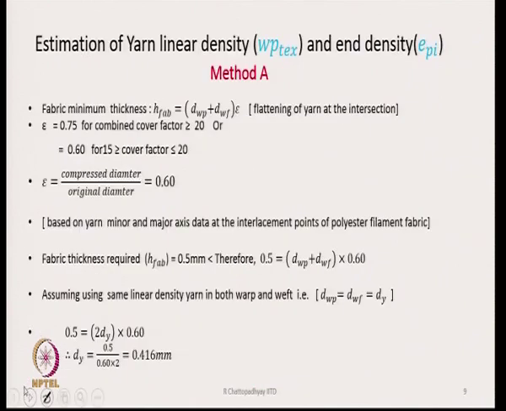Next comes estimation of yarn linear density, which we have not been able to find out, and the end density, that is EPI, these two we have not been able to find out till now.